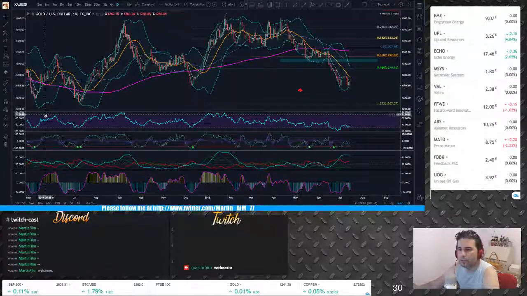Yeah, so I tend to use the Relative Strength Index, which is one of the most important ones, really, because it's basically a momentum indicator that measures the magnitude of recent price changes. So it analyzes overbought and oversold conditions.